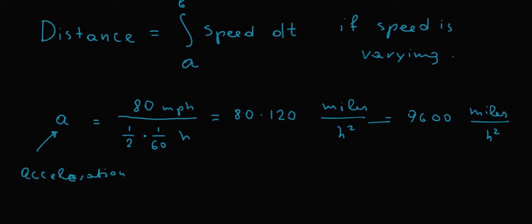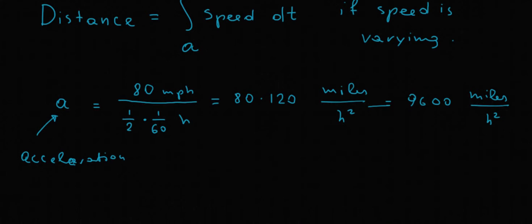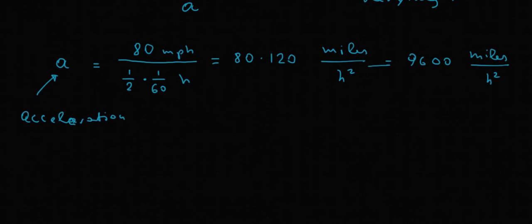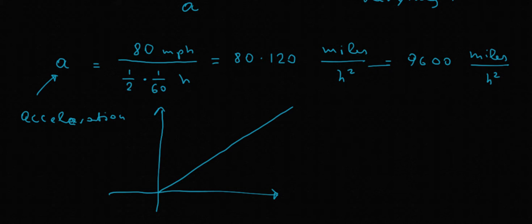The acceleration tells us by how much the speed is increasing. Now, since the acceleration is constant, the velocity or the speed of the car is going to increase steadily at a constant rate, namely given by a, and the graph of the velocity versus time is going to be a straight line with the slope of this line being equal to a that we just calculated.